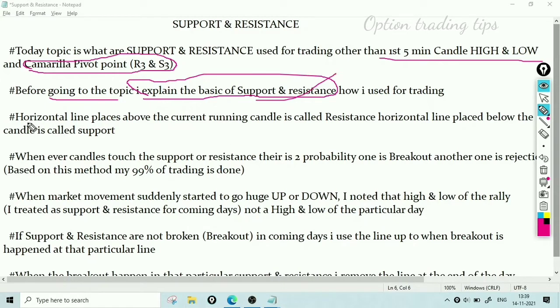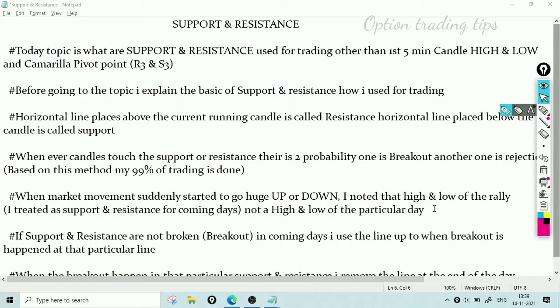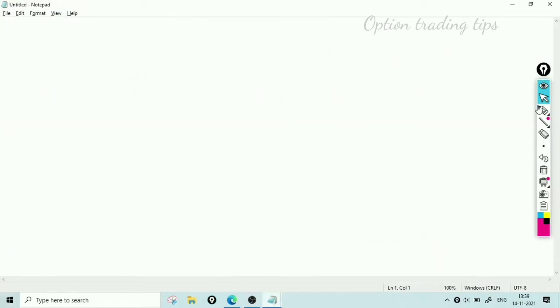The horizontal line placed above the current running candle is called resistance, and the horizontal line placed below the candle is called support. For example, this is the market moving like that. This is the current running candle.